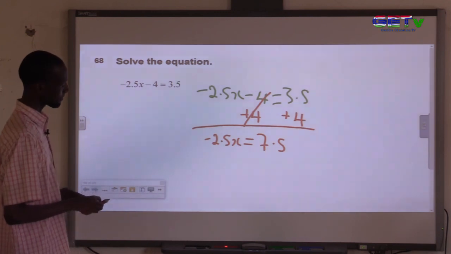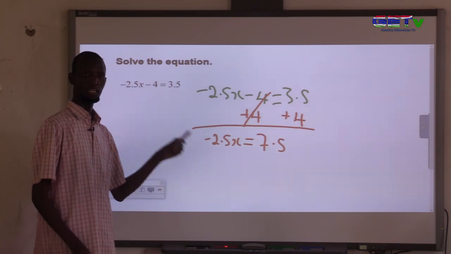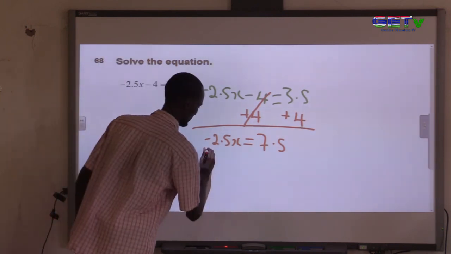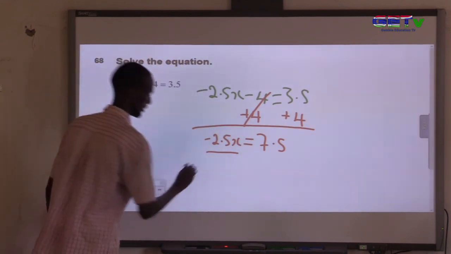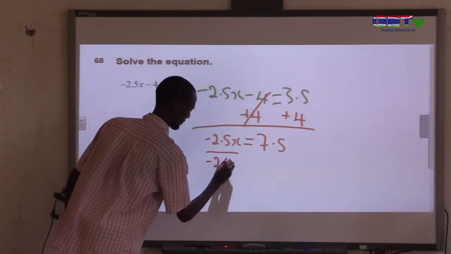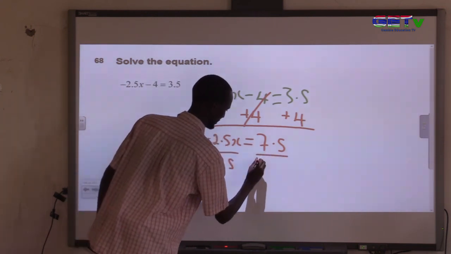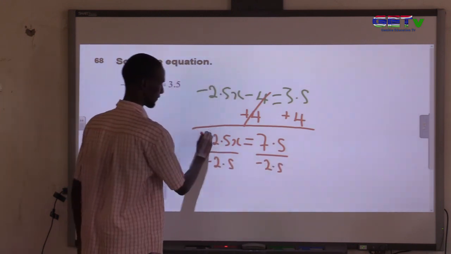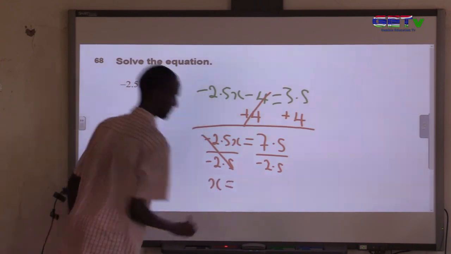Right. Still, the x or the variable is not alone. So therefore, we have to divide both sides by negative 2.5. You also divide the right-hand side by the same negative 2.5. The negative 2.5 will cancel out. So now x is all alone on this side.